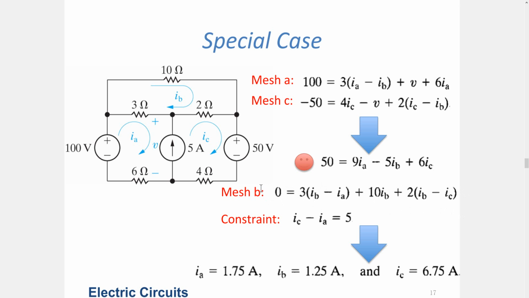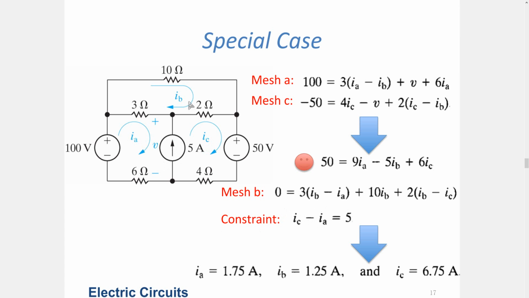And I also have a constraint equation that could help me, because I know the current at this boundary. It's 5 amps and forced. So since the IA is opposing, minus IA plus IC equals 5 amps. Okay, from here, IC minus IA equals 5 can be obtained.